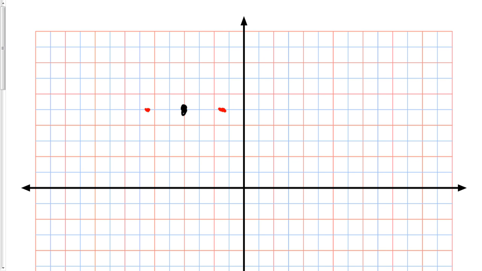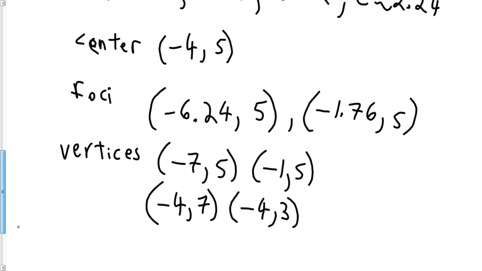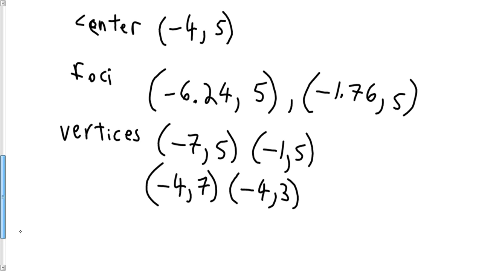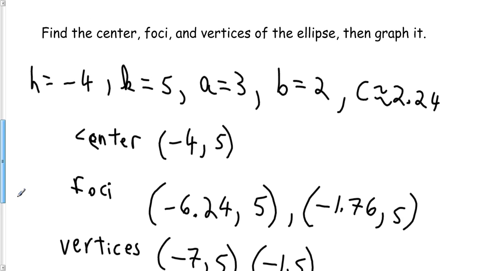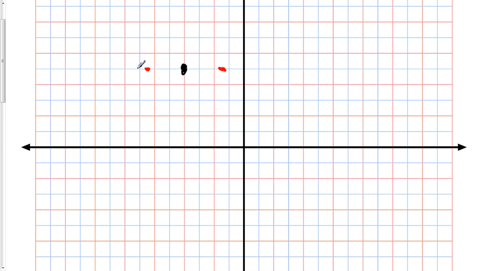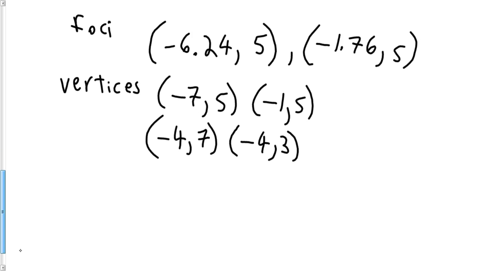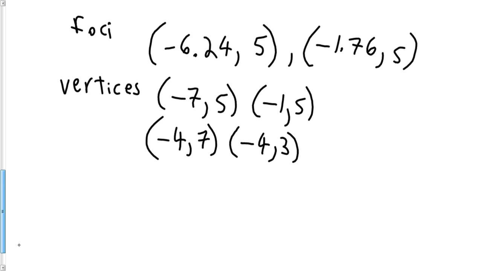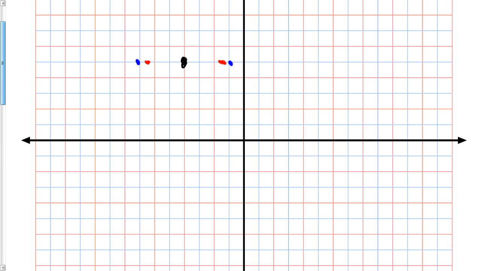And now let's graph points that are actually on the ellipse itself. These vertices are actually points on the ellipse. So the vertices are negative 7, 5 and negative 1, 5. Those are the vertices of the major axis. And then the minor axis's vertices are negative 4, 7 and negative 4, 3.